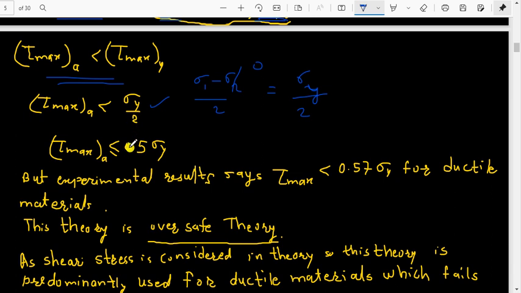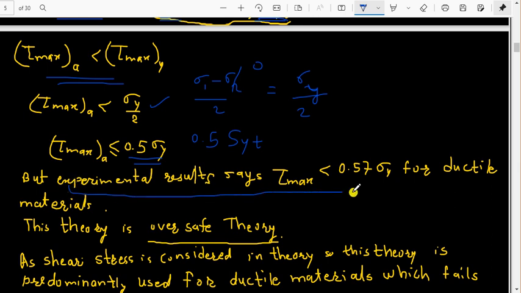Now this theory says actual maximum shear stress should be less than 0.5 times the yield strength, that is 0.5 times the tensile yield strength, right? And the experimental result says that maximum shear stress should be less than 0.57 times the yield strength for ductile material.